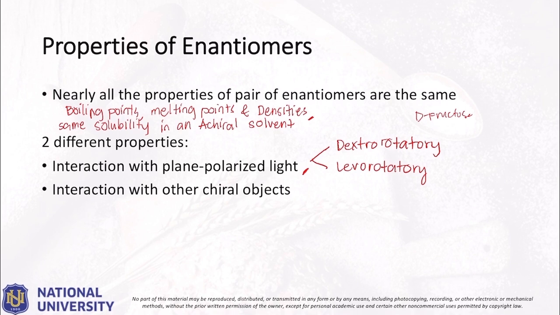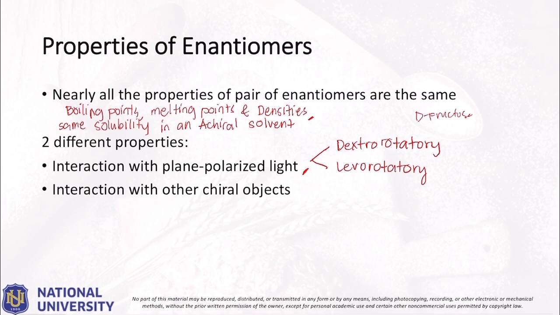No, si D-glucose ay dextrorotatory, while D-fructose is levorotatory. Okay? Not all D enantiomers rotate plane polarized light in the same direction. Some D enantiomers are dextrorotatory, others are levorotatory, like the fructose.